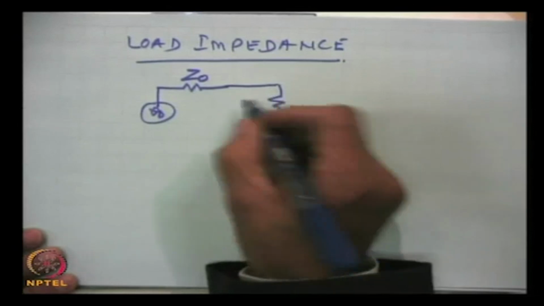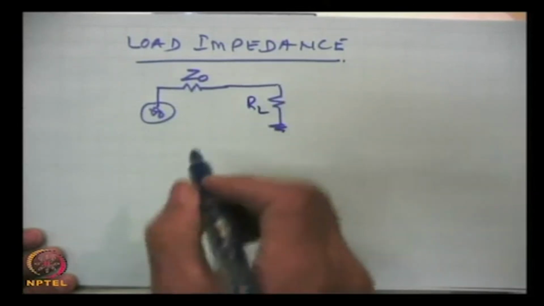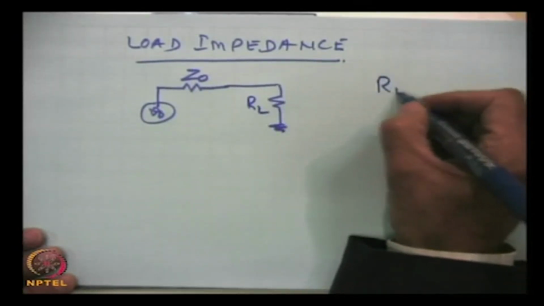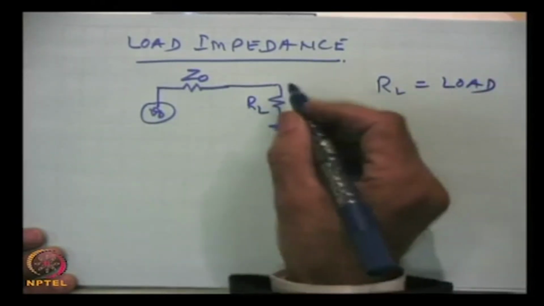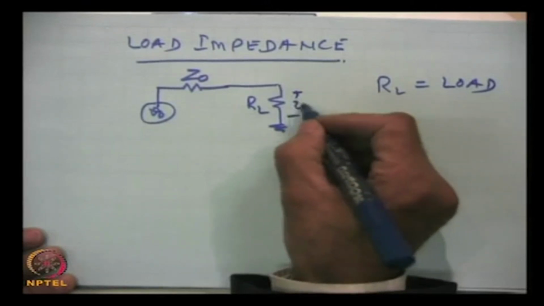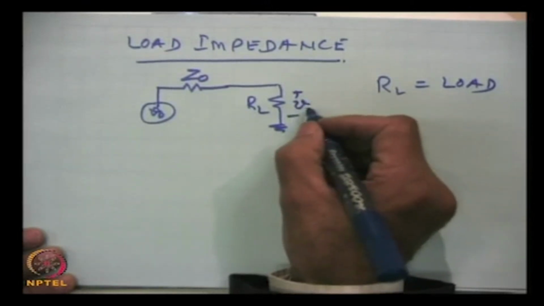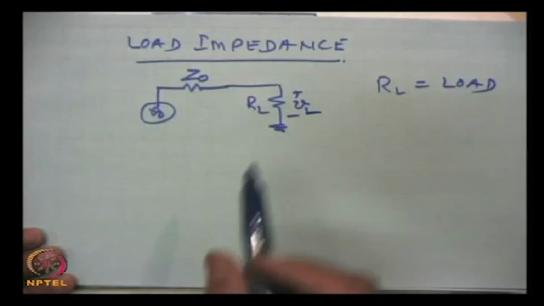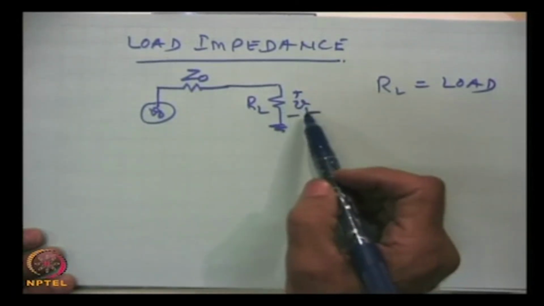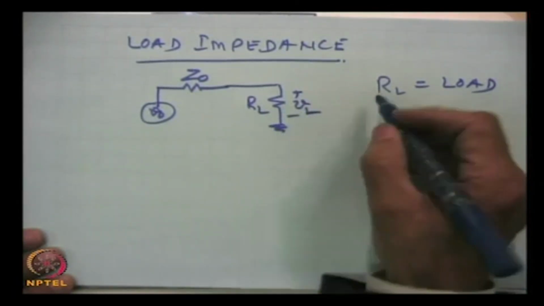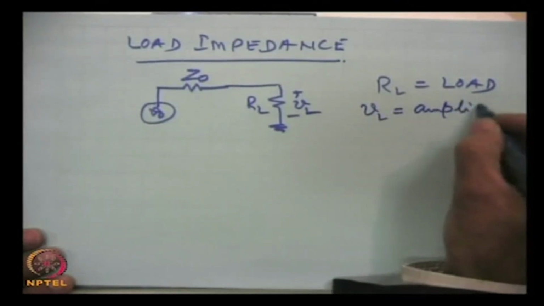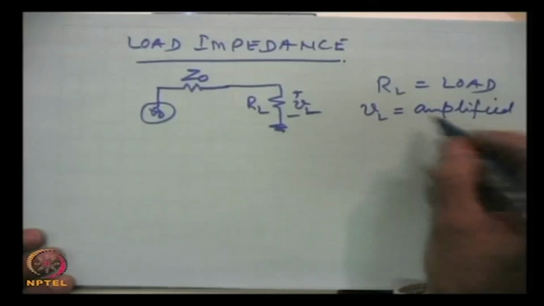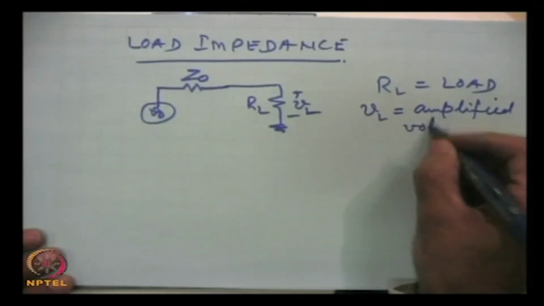So, this is RL, the load, and across RL we measure what we call the amplified voltage at the load, VL. VL is the amplified AC voltage.